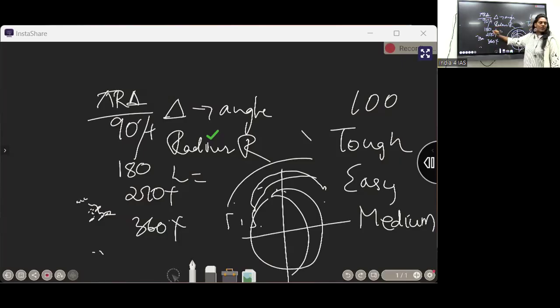So straight away you can take it as pi r delta by 180. This is one question that was asked. Why we discussed this question is that it helps you make the right strategy, how to study and how to analyze the syllabus. Clear? Thank you so much.